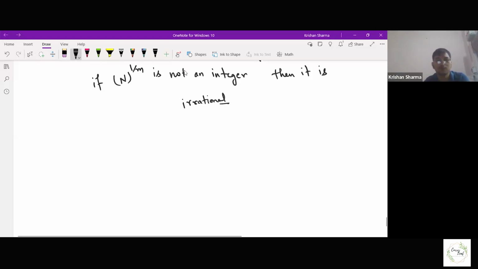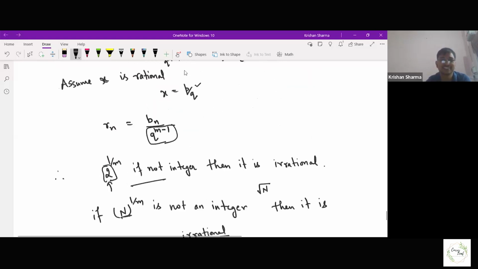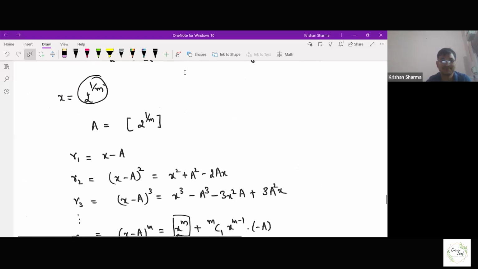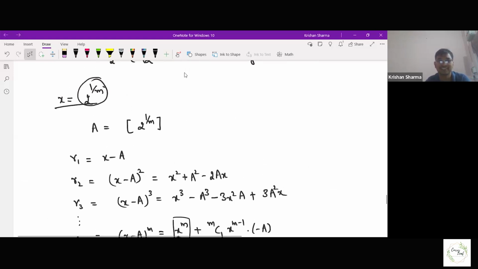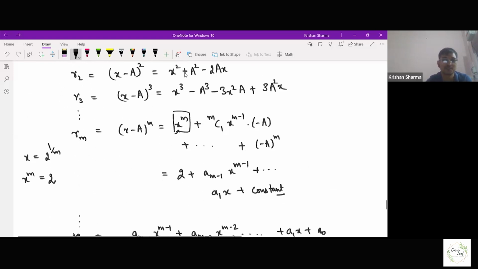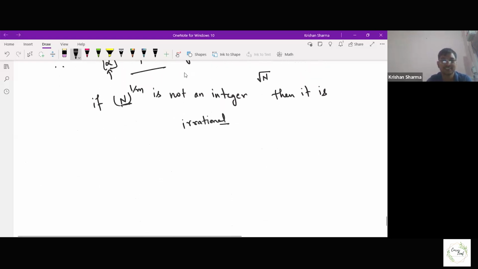Okay, now look at all these numbers. That's why I took x in this form, because now you will see that n raised to power 1 by m can be seen as the root of x raised to power m minus n equal to 0.